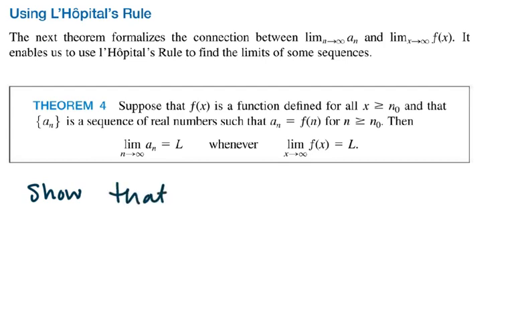Okay? So we're going to show as an example here that the limit as n goes to infinity of the natural log of n over n equals 0.